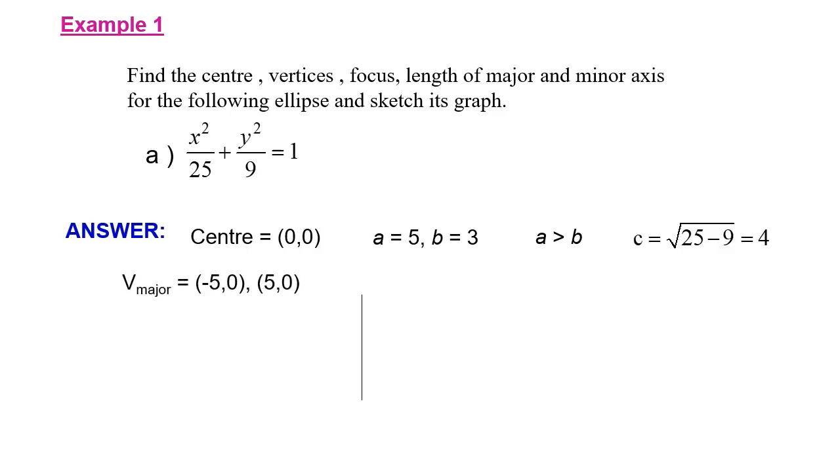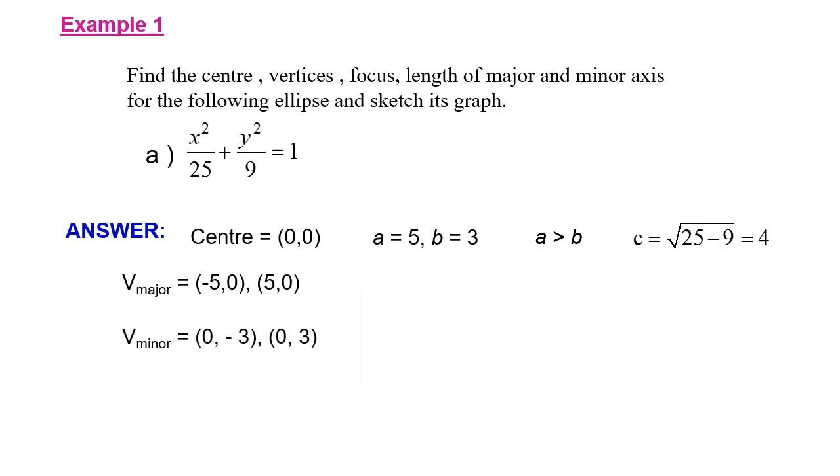Also, since a is greater than b, the major vertices are parallel to x. So substitute the value of a, plus minus 5. So we get negative 5, 0 and 5, 0 for the major vertices.